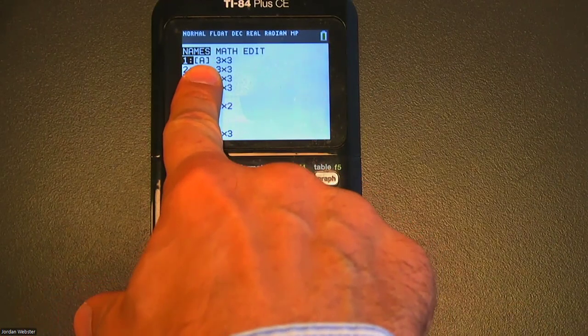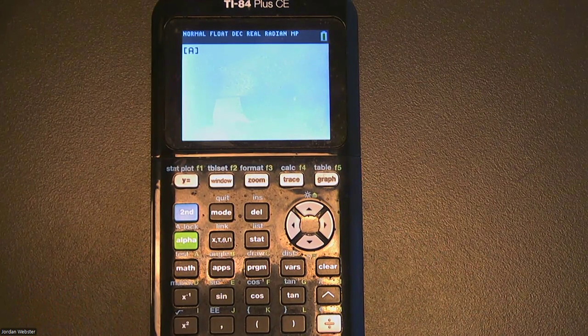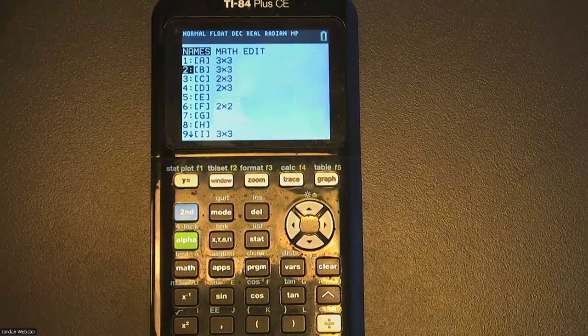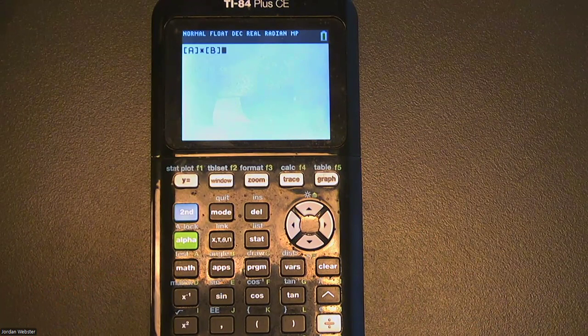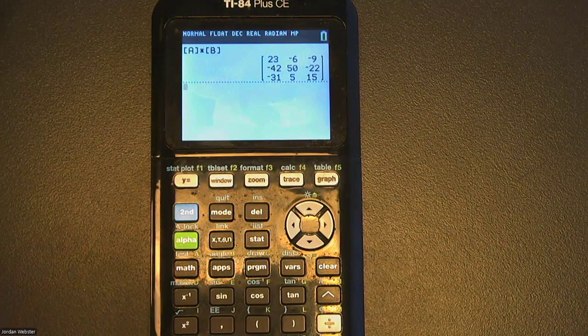Now where it says names, I just hit enter for A. And then I put times, back to the matrix menu and then enter B. So the names part brings them up to the home screen, and the edit allows you to change the entries. Here we're multiplying A times B. And notice that it does what you hope it does.